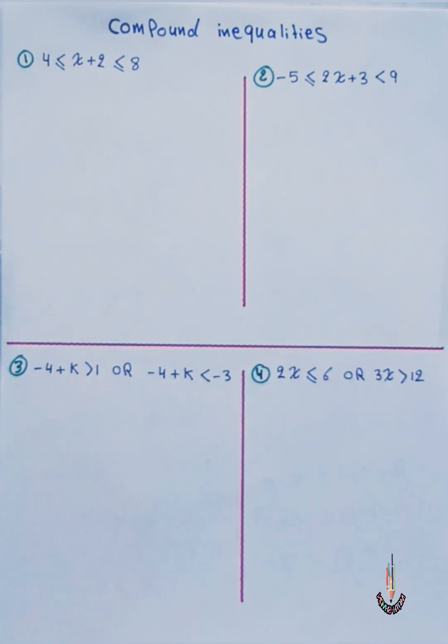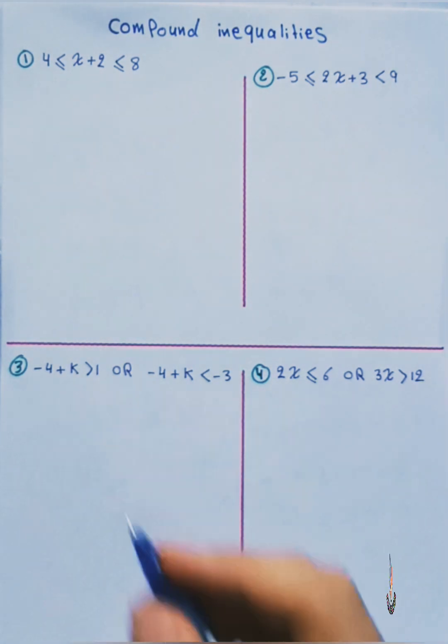Example number one: you have 4 is less than or equal to x plus 2, and x plus 2 is less than or equal to 8. First step, you have to separate the inequalities like that.